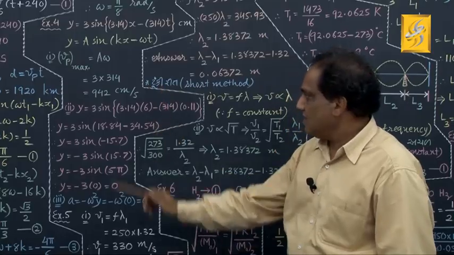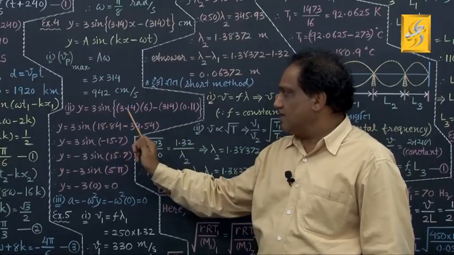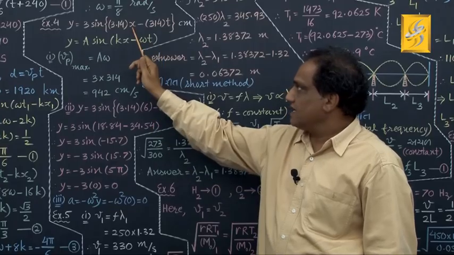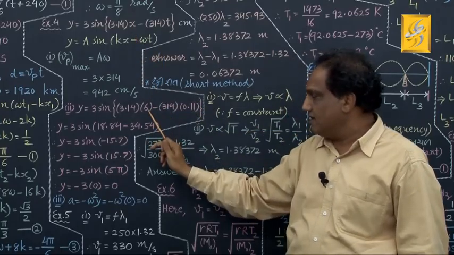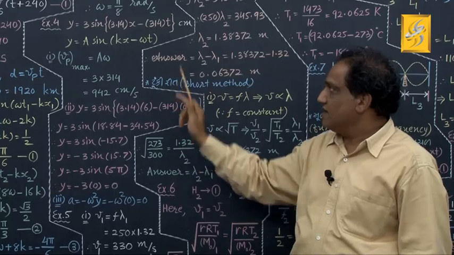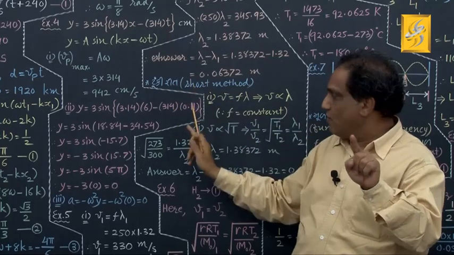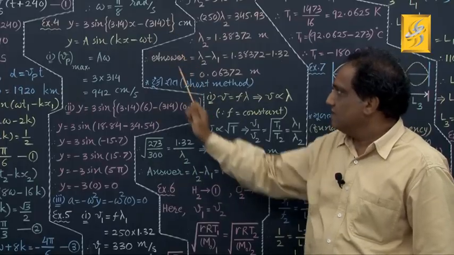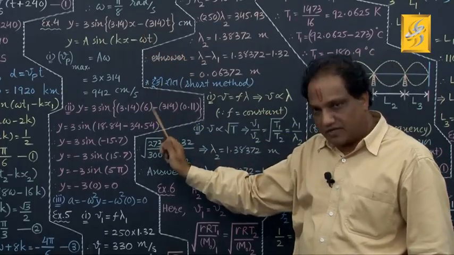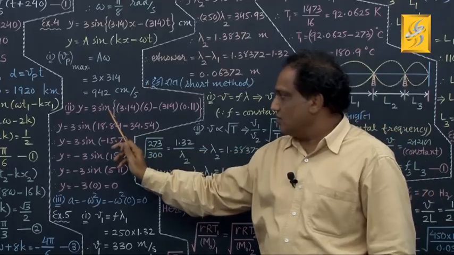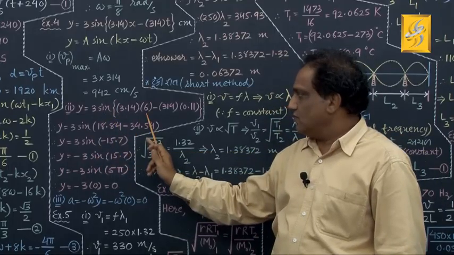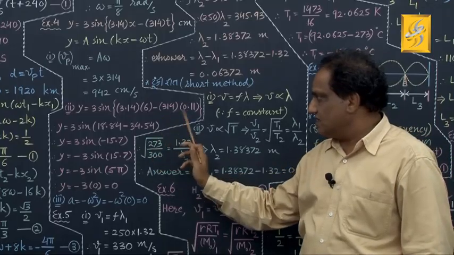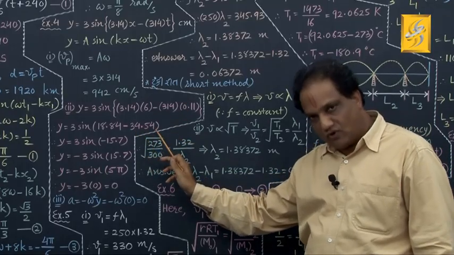Right? Y equals 3 sine(3.14 into x), correct? This x distance they have given is 6 centimeter, minus 314 into t, time they have given now is 0.11 second, okay. Time is 0.11 second, this distance is 6 centimeter, simplify. 3 into sine as it is, this into this comes out to be 18.84, minus this into this is 34.54.